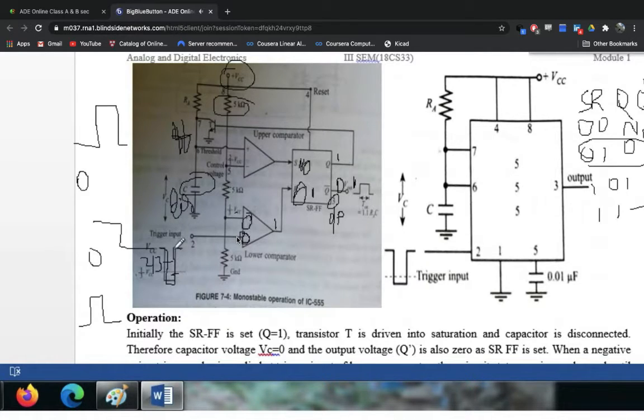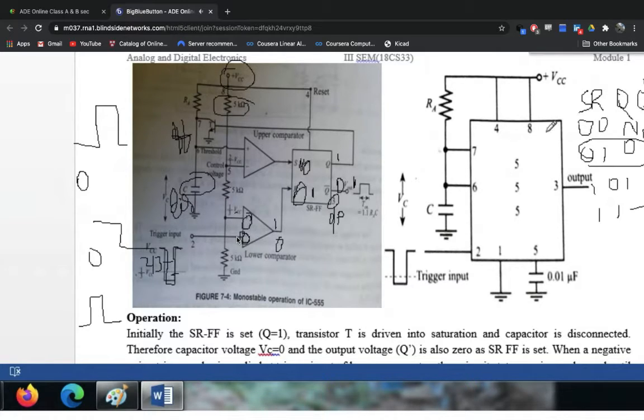Once it goes above 1/3 VCC, this changes to 0. So because S is equal to 0, it once again goes to the 0, 0 state. This 0, 0 state they have not explained in your textbook. If you are understanding it, well and good. Otherwise, if you want to memorize what is there in your textbook, no need to worry about the 0, 0 state. In the 0, 0 state, the circuit remains unchanged.